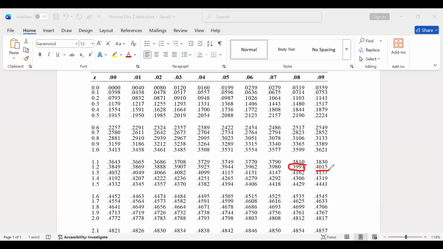So now that you got 0.3997, you match its corresponding Z, which is 1.2, like Emily said, against the 0.08. So your actual value is going to be 1.28.